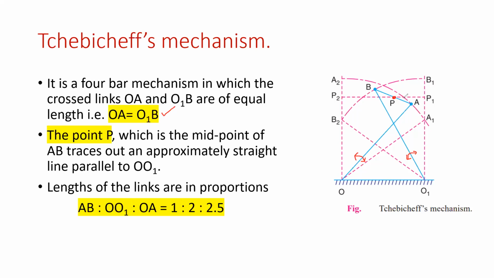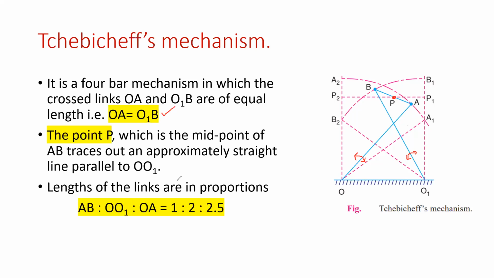So if you take AB as 10 centimeter, then O1O should be kept as 20 centimeter, 1 is to 2. Okay, and link OA should be taken as 25 centimeter.